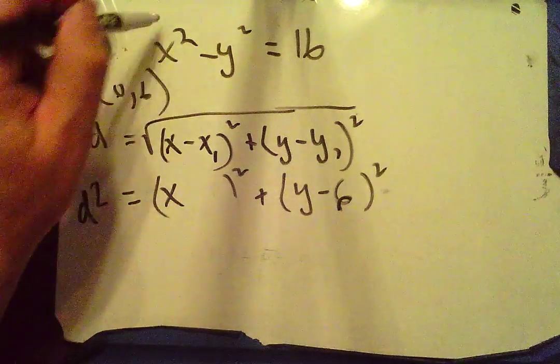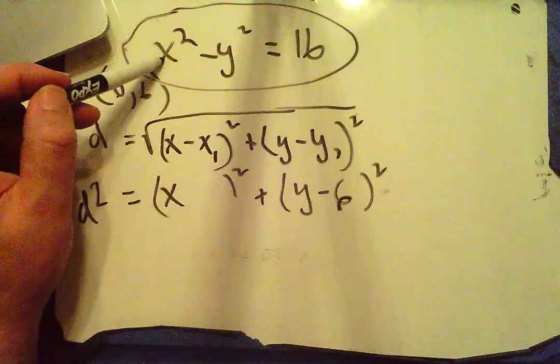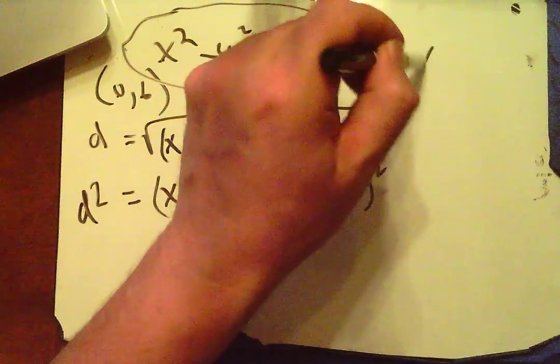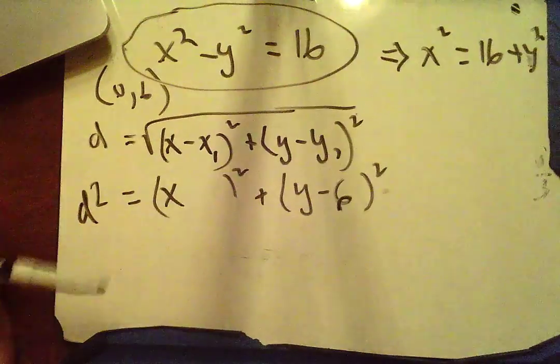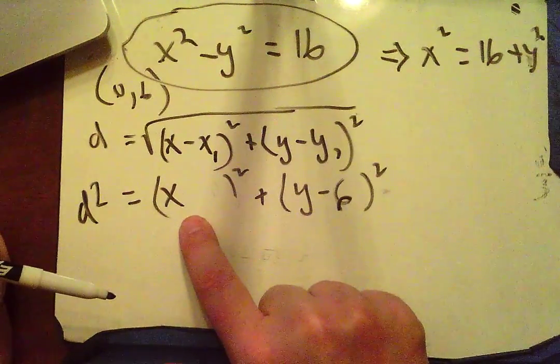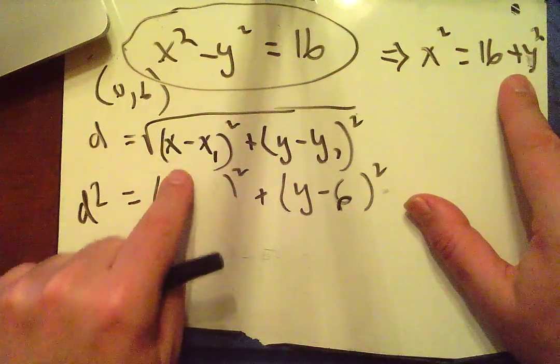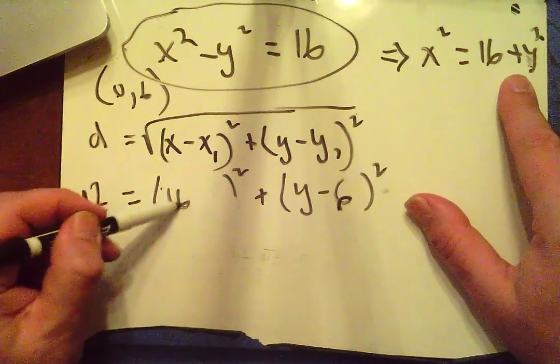Oh, I see why. Look, x squared is equal to 16 plus y squared. So I can get rid of this and replace it with that. So 16 plus y.